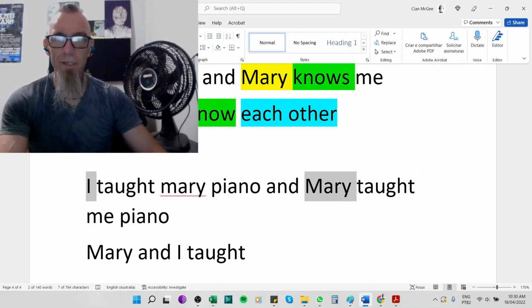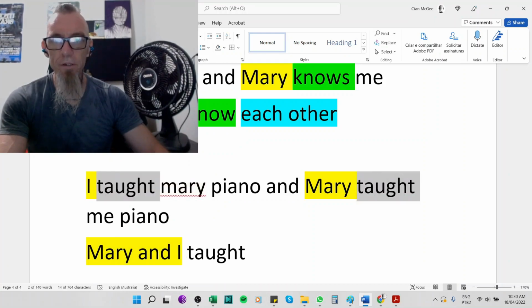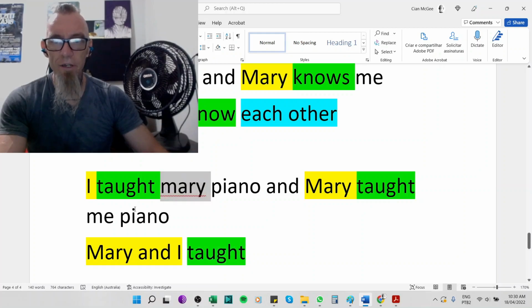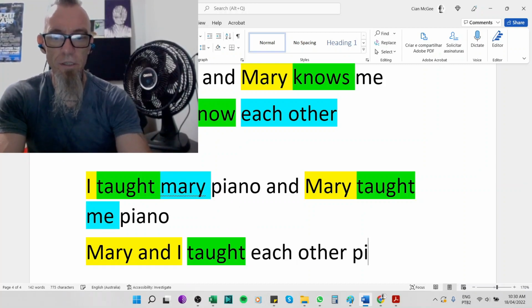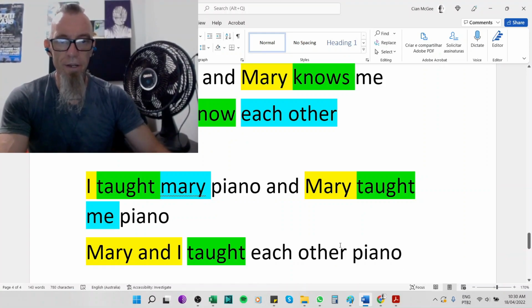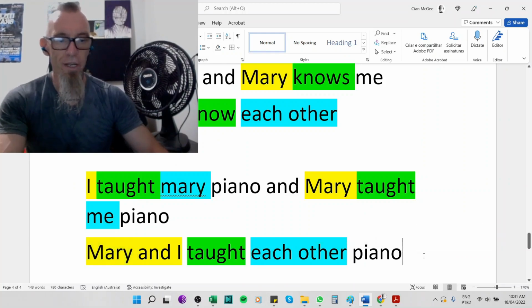So our two subjects we make into one subject, Mary and I. The verbs are identical, so we say taught. And now our objects, these two people, are also the same as our subjects. So each other. Mary and I taught each other piano, which means Mary taught me and I taught her, essentially.